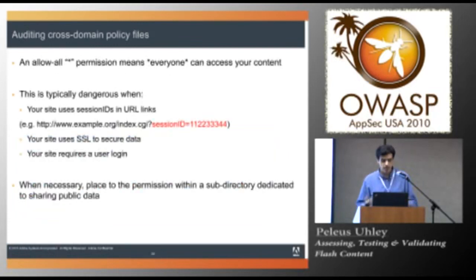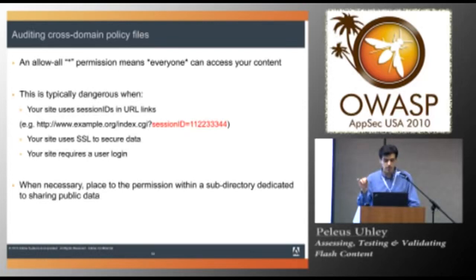But the important things to keep in mind are the things you tend to hear a lot when people talk about cross-domain policy files. A wildcard star value will allow everyone to be able to read your content. This can be dangerous if your site uses session IDs in URL links, because if your URL is appending the JSESSIONID within the body of the response, that means the session value is being sent back in the body of the response where the SWF can read it based on the cross-domain permission.